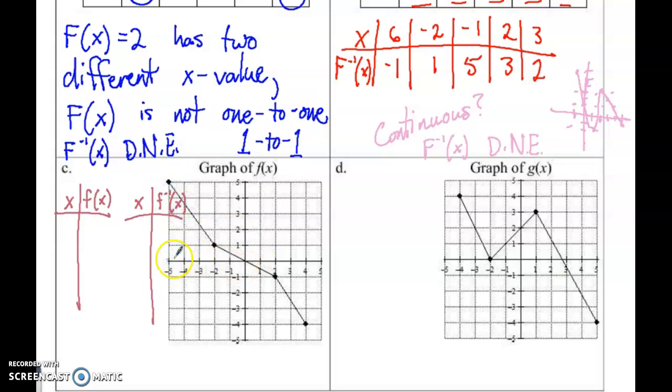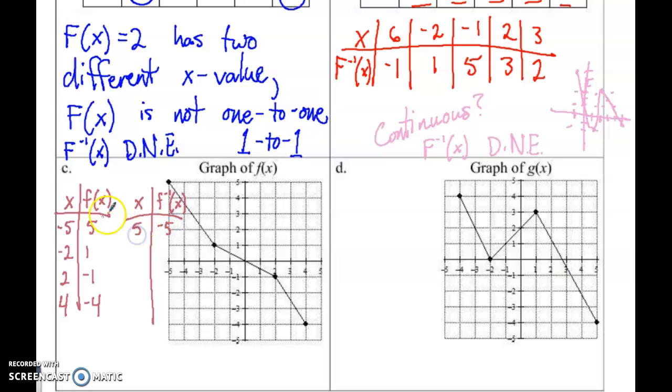So as you look at your ordered pairs of -5, 5, and then -2, 1, let's see, 2, -1, and then 4, -4. Well, if I asked you for the inverse and what that function would be, you have to switch. So the x-coordinate, -5, becomes the y-coordinate.